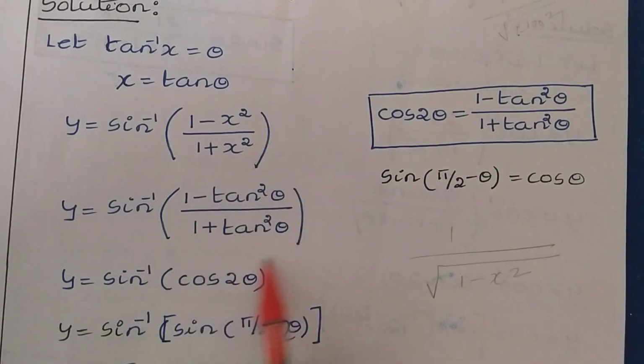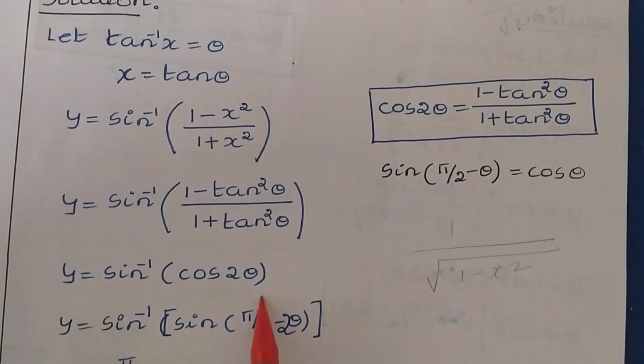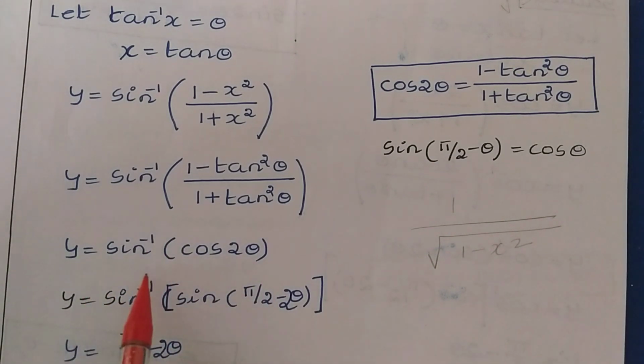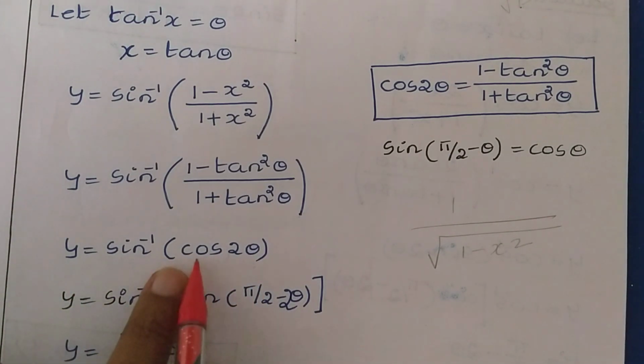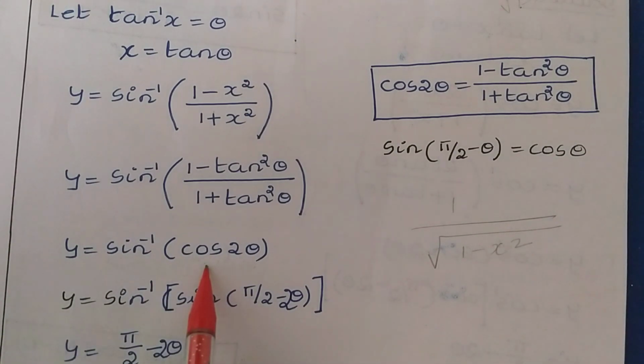So in this place, now we can write cos 2 theta. Here we have sine inverse, but we can't cancel this and we can't write just 2 theta directly. So to cancel this, we need to have sine here. So now try to write this cos 2 theta in terms of sine.